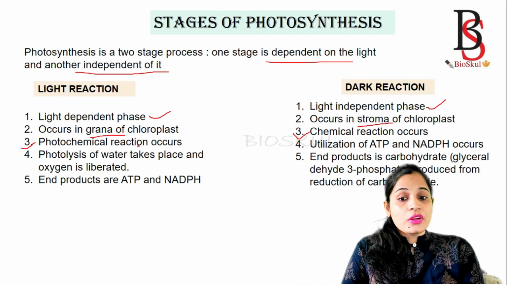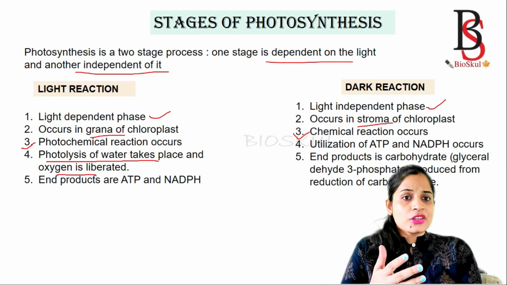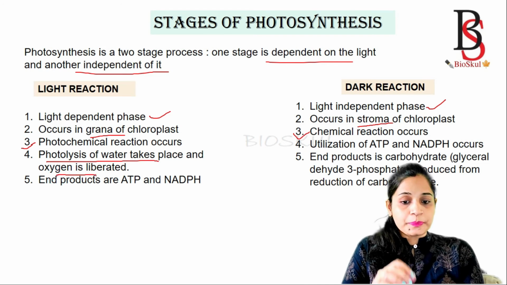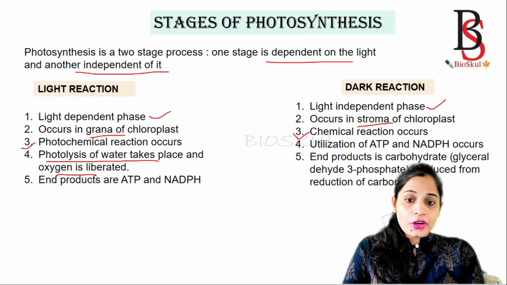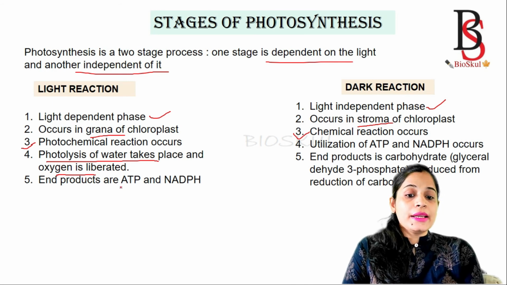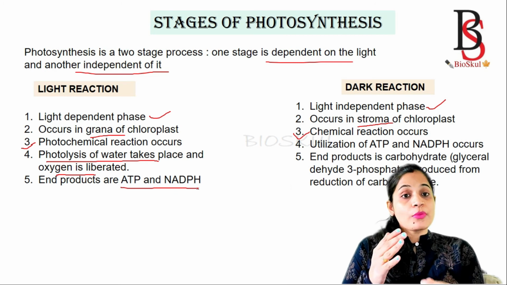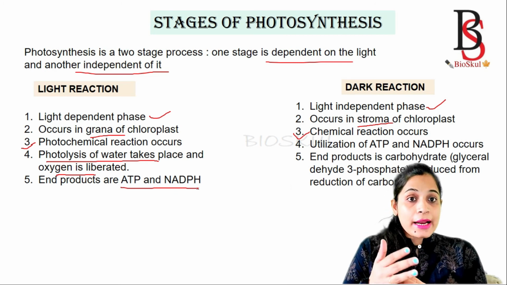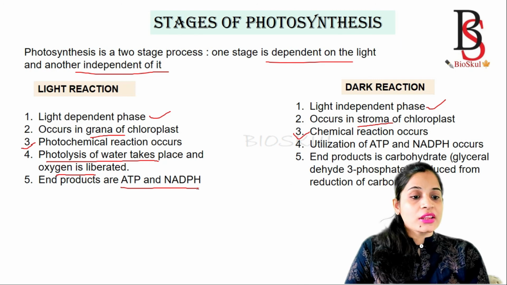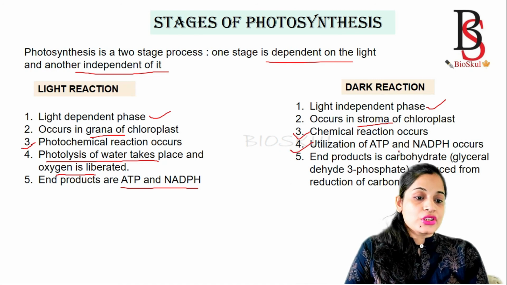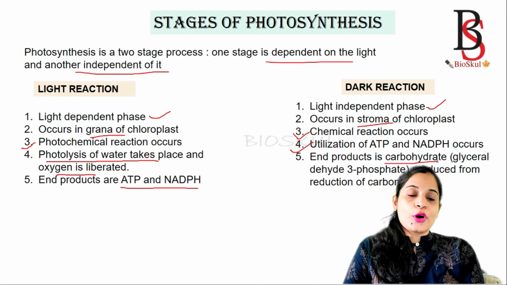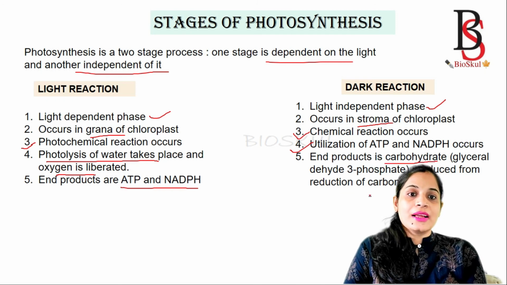In the light reaction, photolysis of water takes place, leading to the release of oxygen, but in the dark reaction there is no photolysis of water. The end products of the light reaction are ATP and NADPH, which are used in the dark reaction. The end product of the dark reaction is a carbohydrate, produced from the reduction of carbon dioxide.